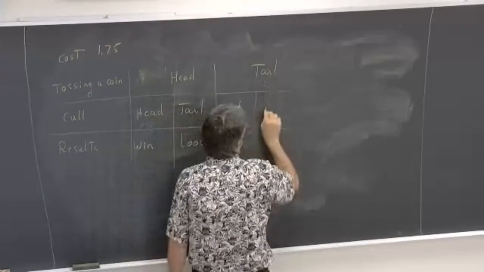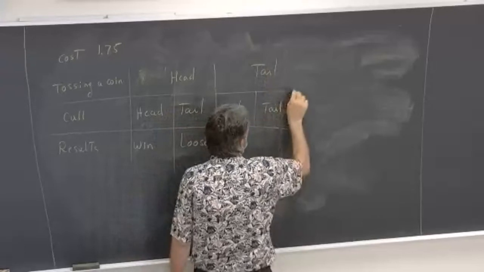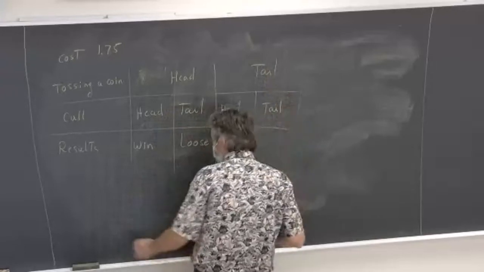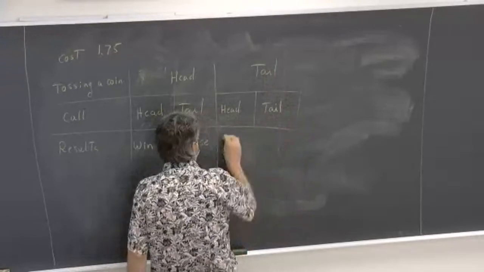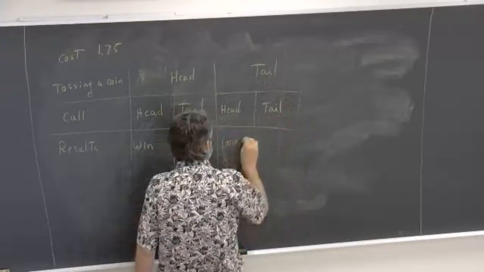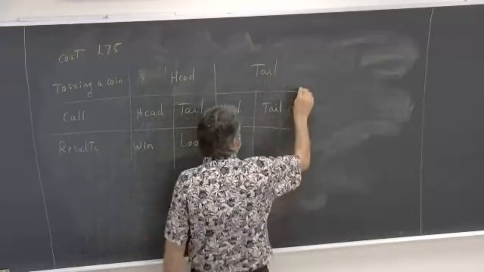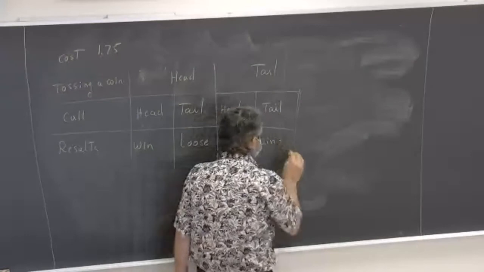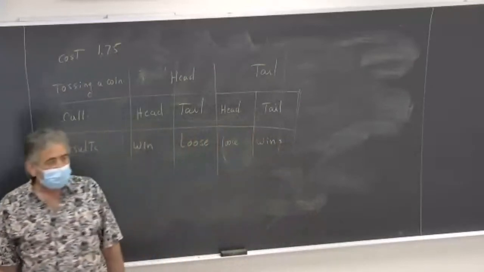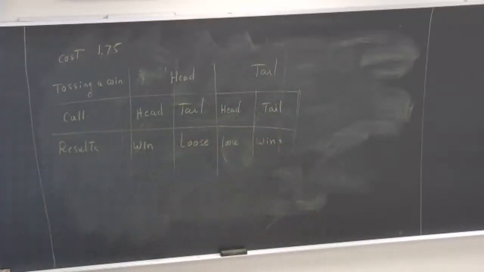And he could have called the tail. Oops, I put it backwards. He would lose here. Or he could have called the tail, and then he wins. So far, so good? Yes?